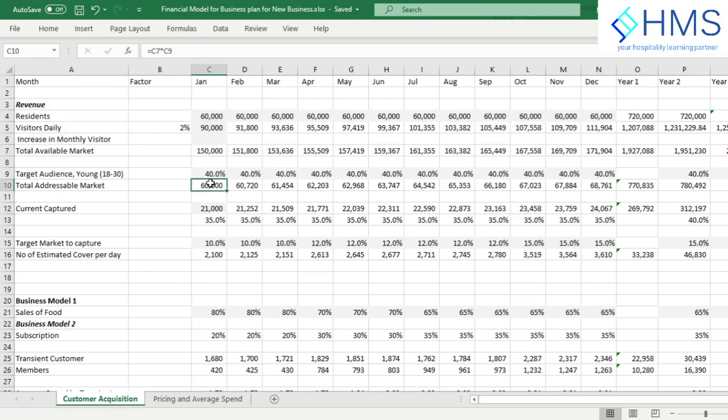Then we took the audience capture, how much is the addressable market, how much is the currently captured market, and how much market we think we can capture from our existing capture, considering the competition. Here is where the most exciting things happen, or the strategizing will happen, where you can say that our capture ratio will increase by 12%.